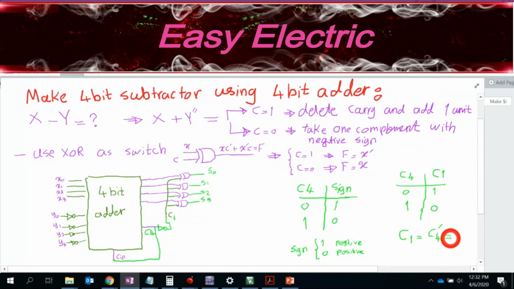So based off that truth table, the sign equals C4 prime, okay? So this is the C4 prime, and this is my sign. So that's it. You actually designed one 4-bit subtractor using a 4-bit adder.